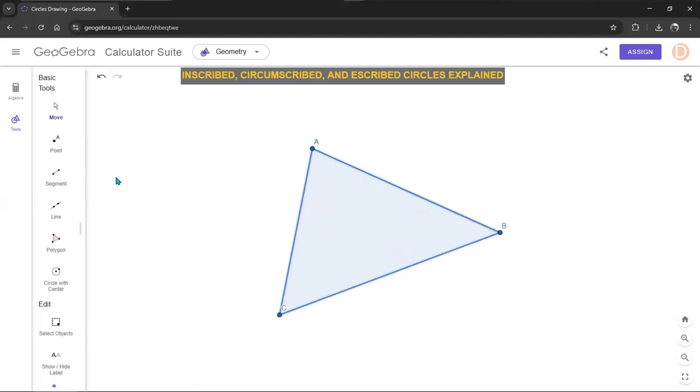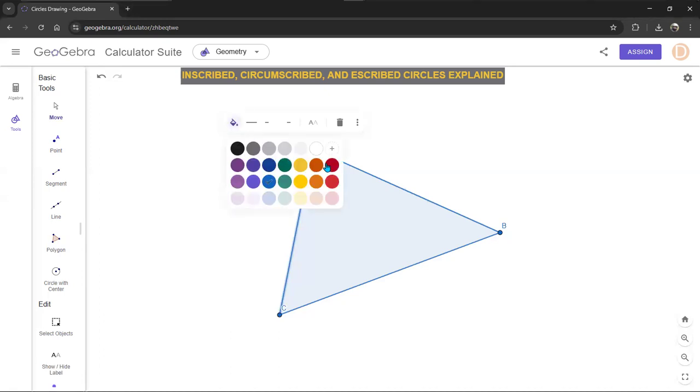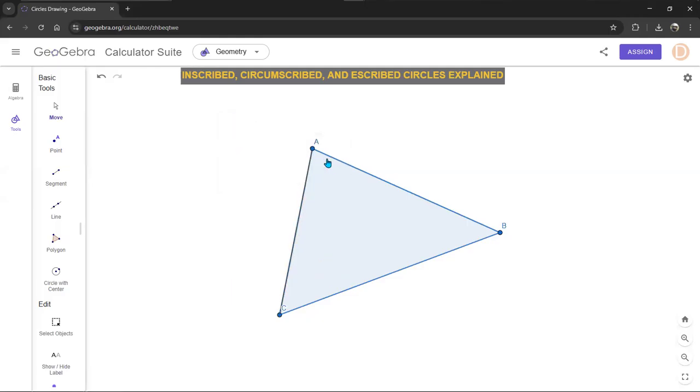For clarity, I want to make my triangle a different color so that in the course of the construction, we won't get mixed up. So I'll use the color black for that.